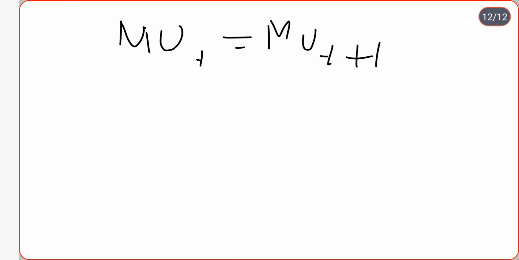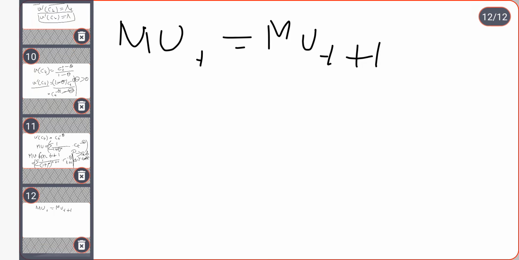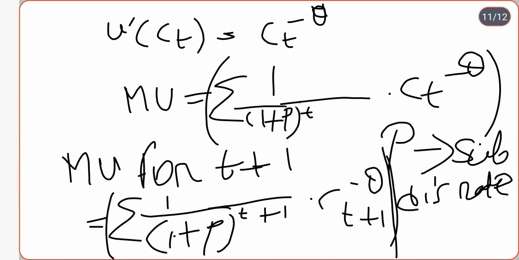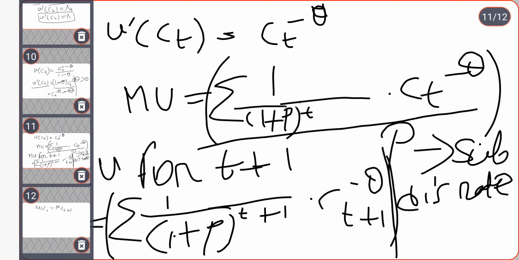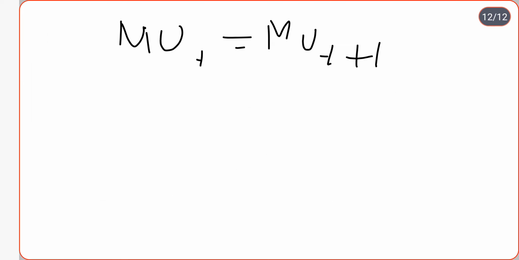Now as the marginal utility of t period and of t plus 1 period are the same, we will try to write the marginal utility of t period first. What was the marginal utility of t period? This was the marginal utility of t period, right? So we have to write this 1 by 1 plus rho to the power t into c to the power minus theta.